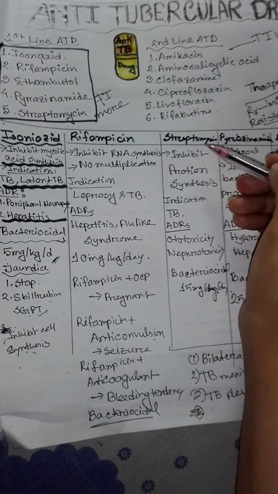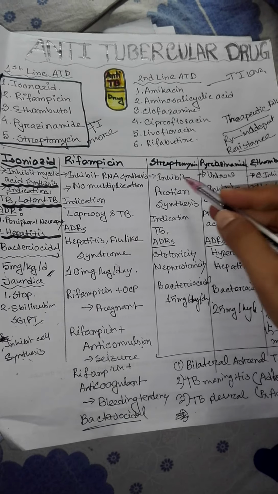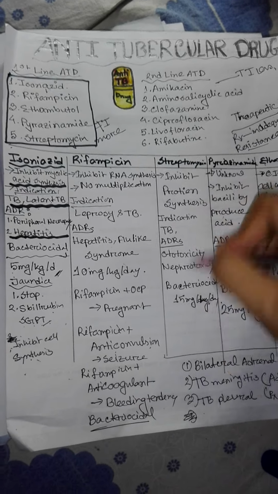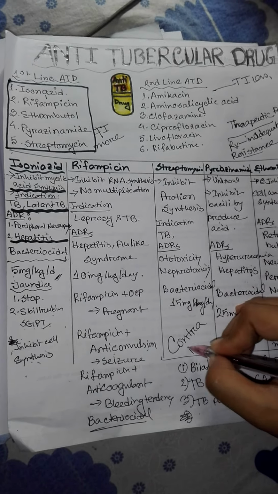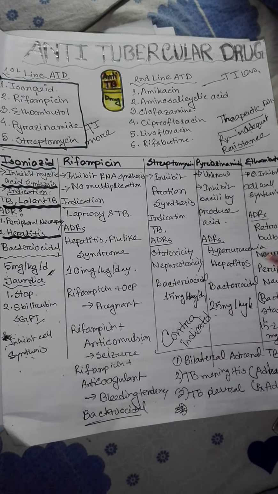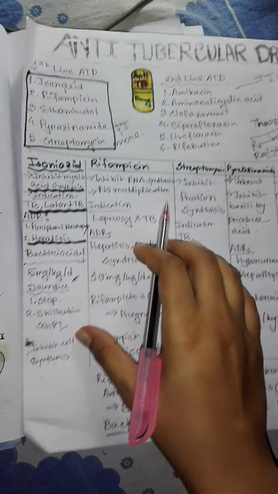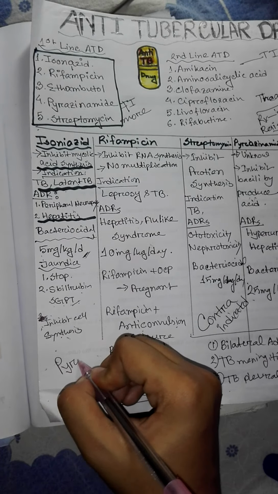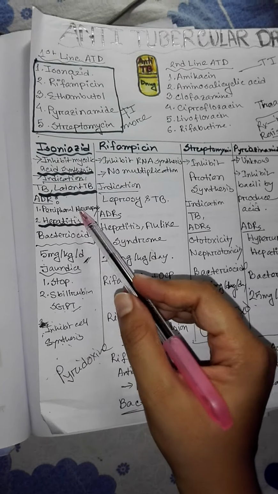Isoniazid, rifampicin, and ethambutol are pregnancy safe, but streptomycin and pyrazinamide are not. Streptomycin is contraindicated in pregnancy. With isoniazid, pyridoxine is used because it causes peripheral neuropathy.